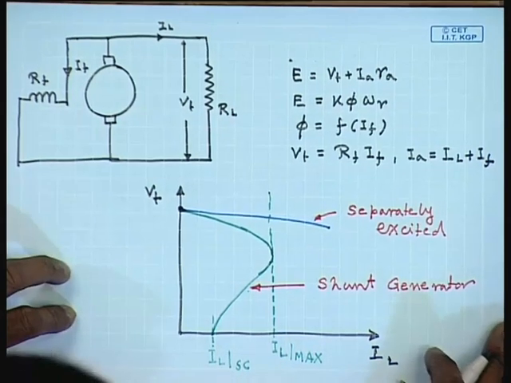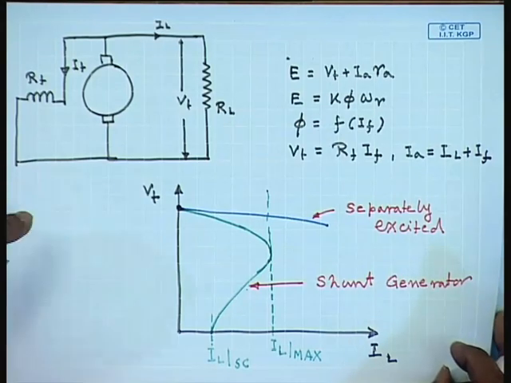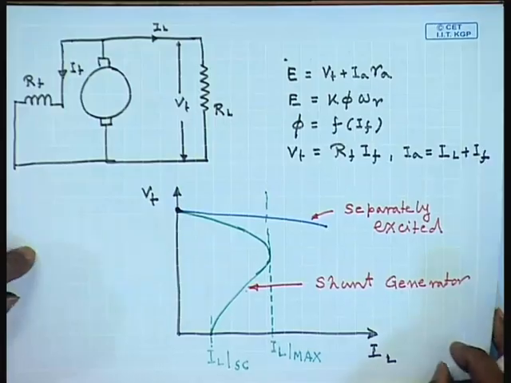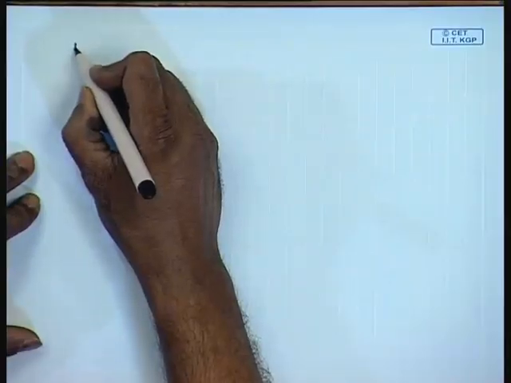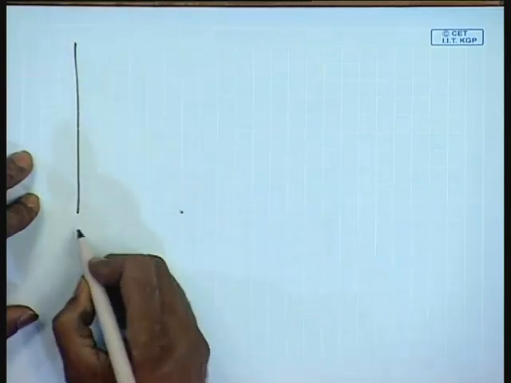In fact, these external characteristics can be obtained from the OCC of the machine graphically. The procedure is as follows. Let us first draw the OCC of the generator.